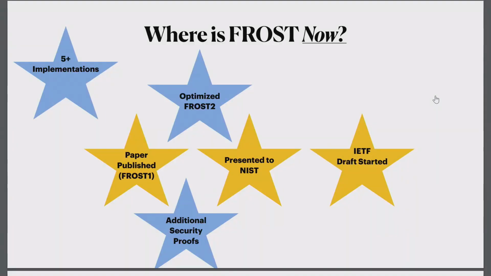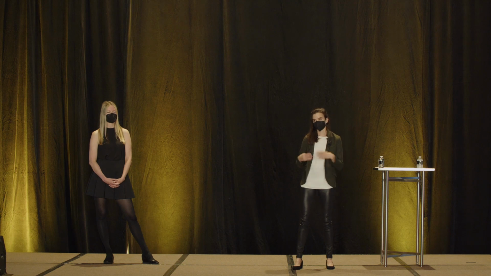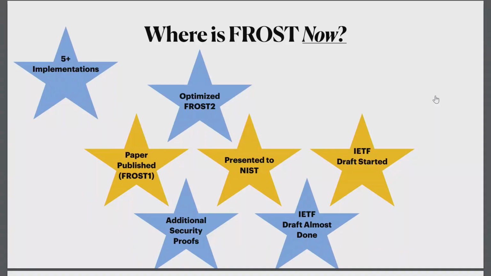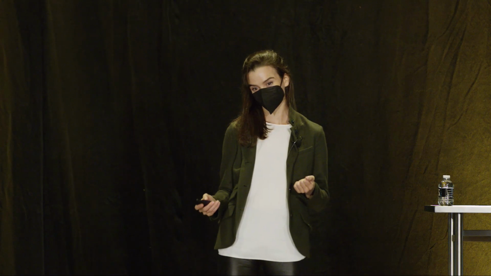We have additional security proofs. What's nice is we wrote a security proof, but there are now independent security proofs validating our results on the security of Frost. Our IETF draft is almost done, so we're starting to request feedback, and we're hoping to wrap this up quite soon.